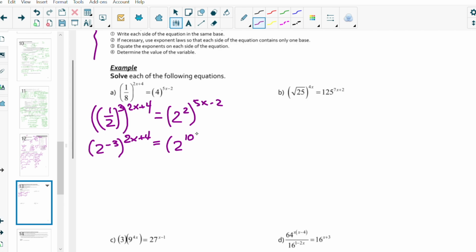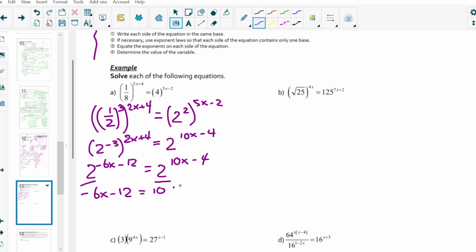So 2 to the, let me just simplify it, 2 to the 10x minus 4. Okay, 2 to the negative 6x minus 12 equals 2 to the 10x minus 4. Same bases, I can set the exponents equal to each other and solve for x. And negative 1/2 equals x.